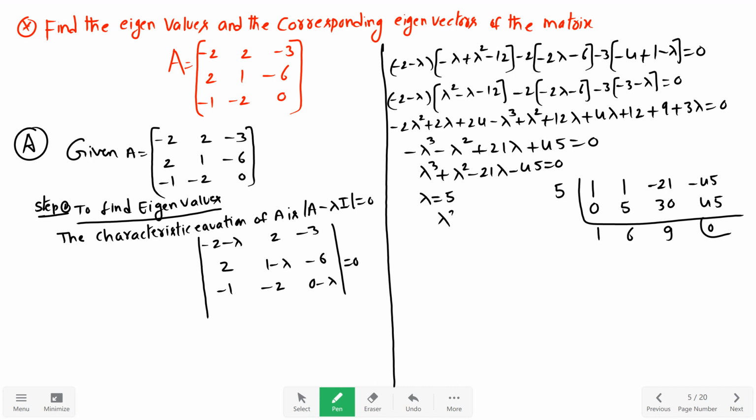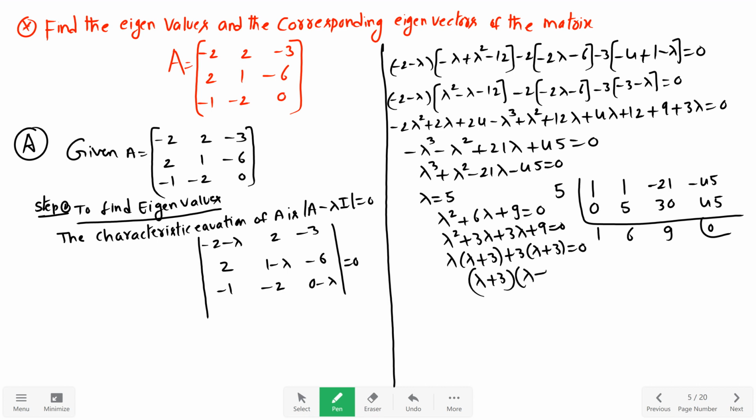Next equation is lambda square plus 6 lambda plus 9 equal to 0. 6 lambda is 3 lambda plus 3 lambda: lambda square plus 3 lambda plus 3 lambda plus 9 equal to 0. Lambda is common, lambda plus 3 is common, 3 times 3 is 9. So lambda plus 3 into lambda plus 3 equal to 0.